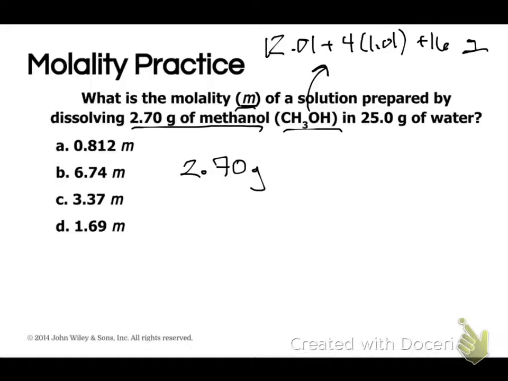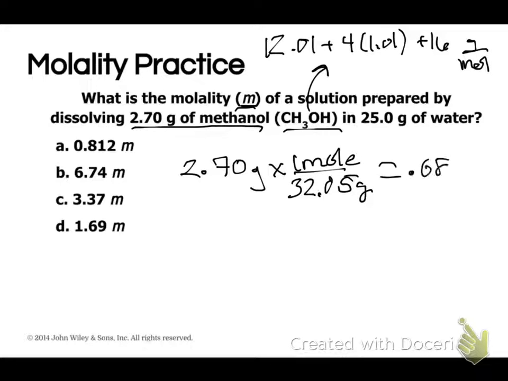These are all grams per mole, of course. And so we're going to just add those up. So the molar mass ends up being, we're going to put moles on top because we're trying to figure that out, and the grams on the bottom, like so. And so I take 2.7 divided by 32.05 to figure out the number of moles of solute.